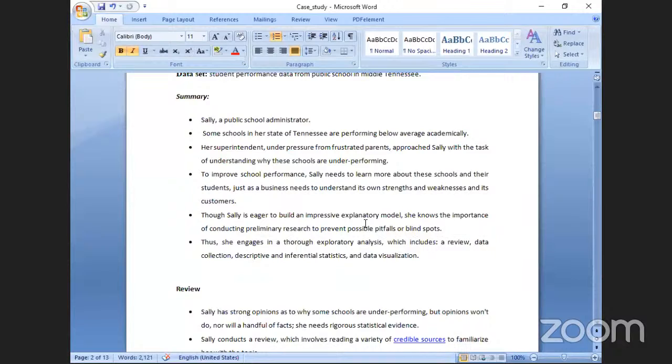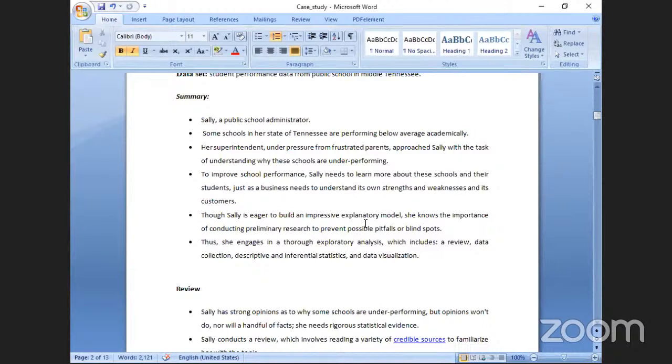So she understood the importance of that, and not just with the explanatory part of it, she further went for exploratory analysis with various statistical features.